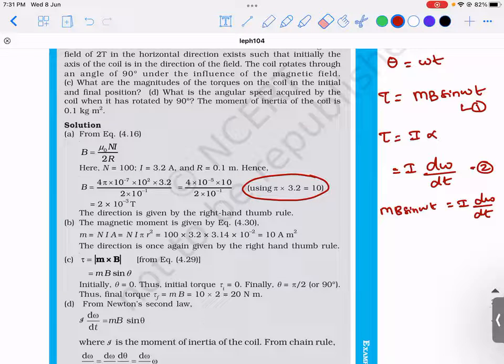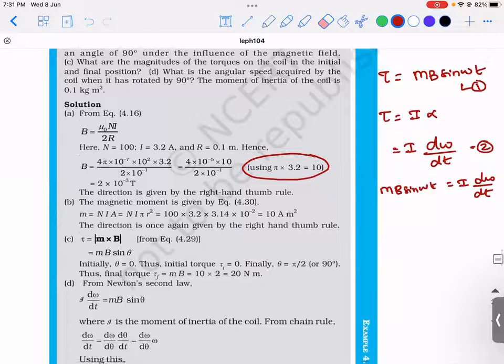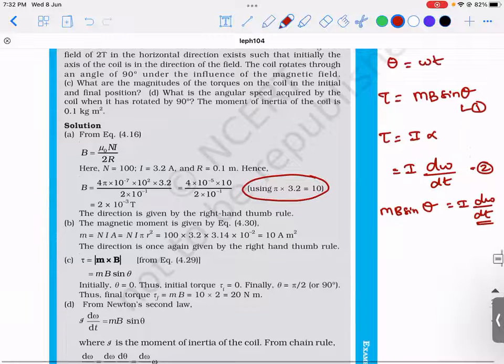So what we can do is theta we can leave it as it is. Here we cannot take time because they didn't mention anything about time. So even if I take time, there is going to be no use.